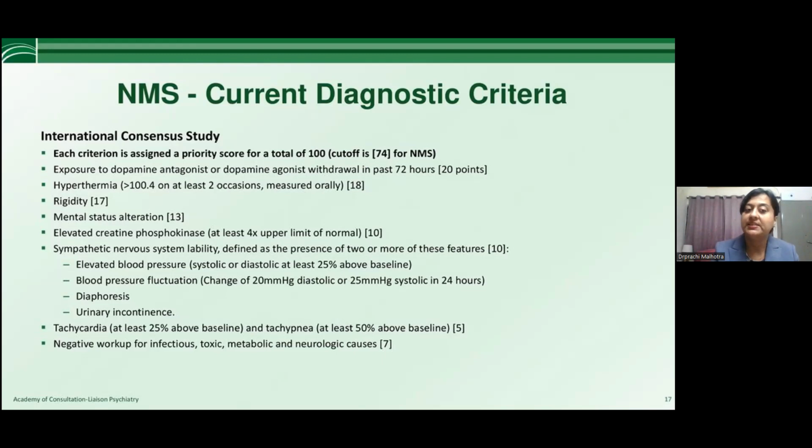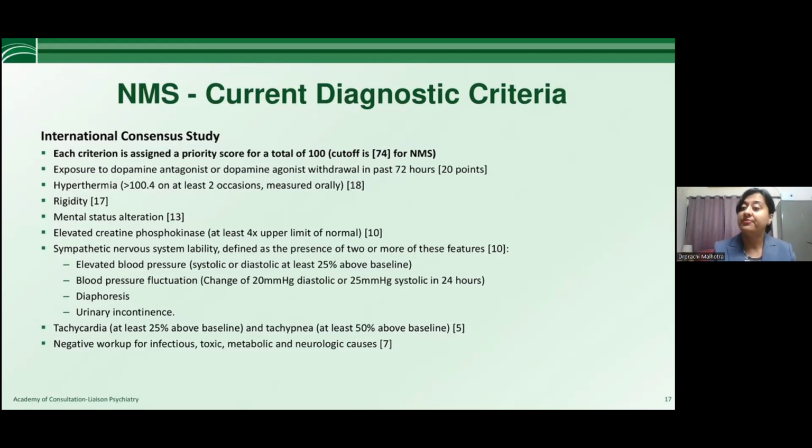The next point is elevated creatine phosphokinase level. How much should it be elevated? At least more than 4 times the upper limit. Sympathetic nervous system lability is defined as the presence of 2 or more of these features. What are these features? Elevated blood pressure, systolic or diastolic, at least 25% above baseline. Suppose a person's baseline is 120 by 80 or 140 by 90, it has to be 25% more than that baseline.